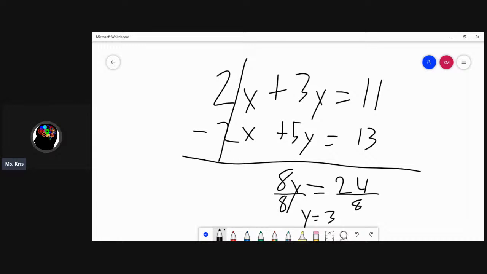So now I can take this 3 and plug it into either of the original equations, and that will give me my x. So I have my y, it's 3. I must now find my x.